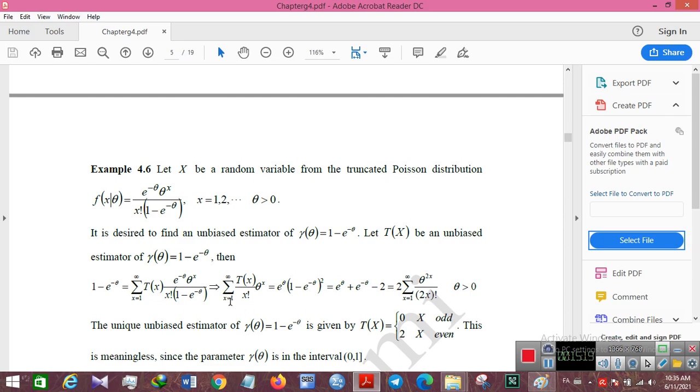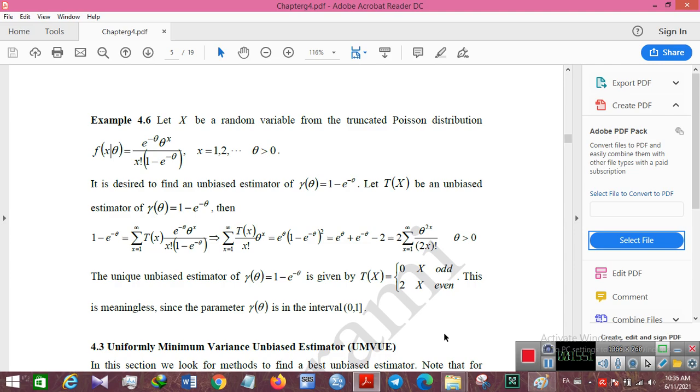If you write this in this form, we can have this power series. This power series is equal to that one, and therefore T(X) should be equal to 0 if X is odd and 2 if X is even.